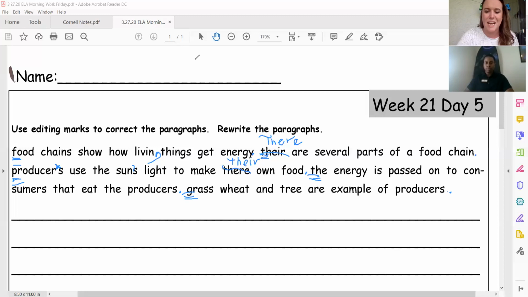So grass, wheat, and tree. So you need to put those commas between it. And tree needs to be trees with an S. Grass, wheat, and trees are examples of producers. Anything else, Mr. B, you see there? This is fixed. All right, so we are done with it. If you guys see something that I didn't catch, comment on Edmodo.